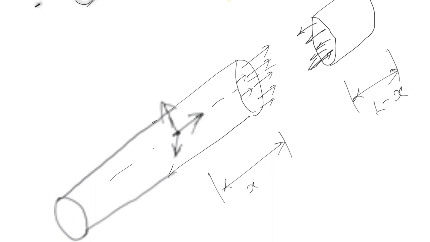Now I can ask you this question, what is the force acting on this particular section? The answer is very simple. See, there is this particular portion of the bar which is rotating at an angular velocity omega, so it will obviously be subjected to a centrifugal force or a centripetal force in whichever reference frame you talk about.